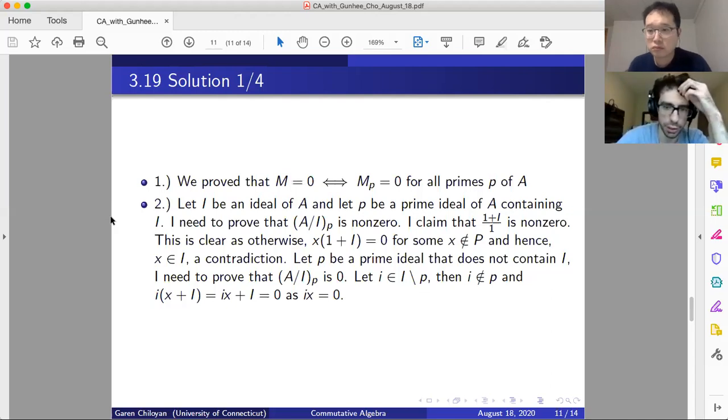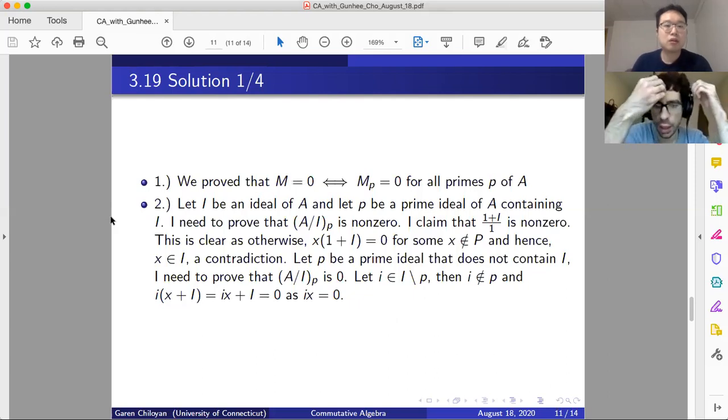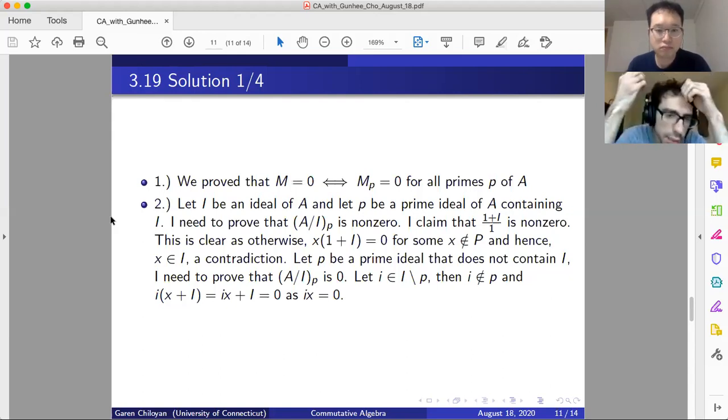What about the other direction? I proved containment left to right. Let's prove containment right to left. Let P be a prime ideal that does not contain I. I need to prove that A mod I localized at P is 0.